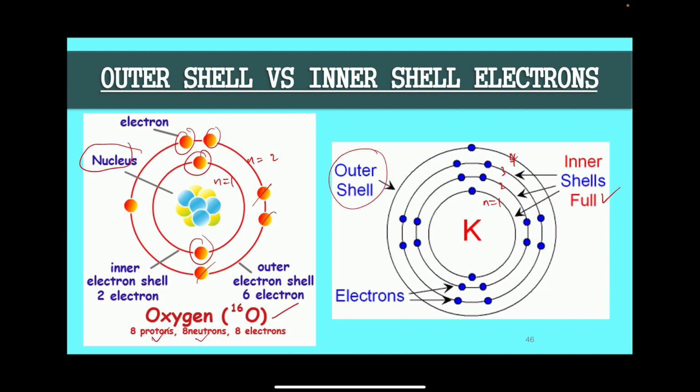So which means electrons that located in the outer shell, we call it as outer electron shell. Meanwhile, the electrons that located in the inner shell, we call it as inner electrons.